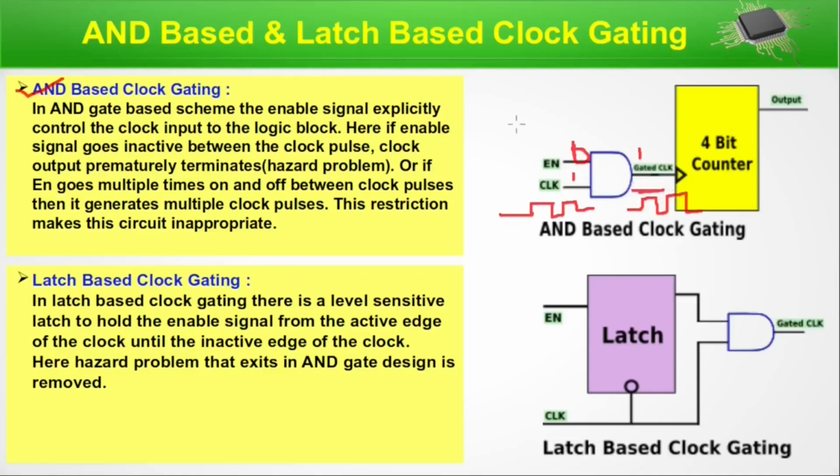Now, we want this clock train to replicate this input here. Suddenly, for any reason, if enable becomes prematurely terminated, like becomes 0, at that time we will not get the clock here. That will be 0. Otherwise, as long as this clock is 1, by that time, if enable multiple times becomes 1 0 1 0 1 0, that pattern will not be replicated here.